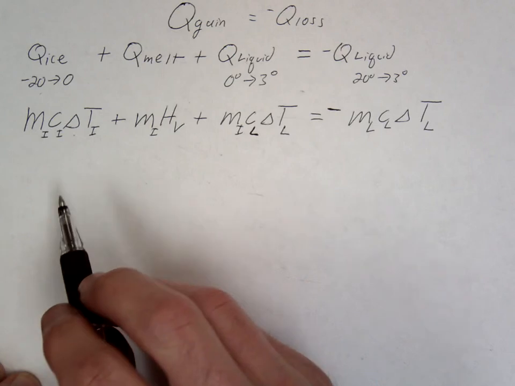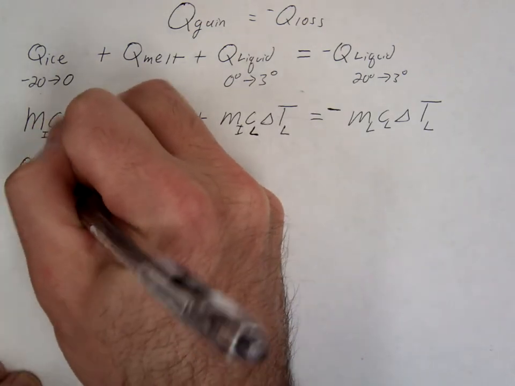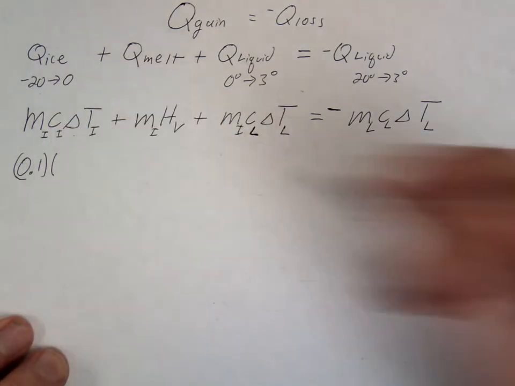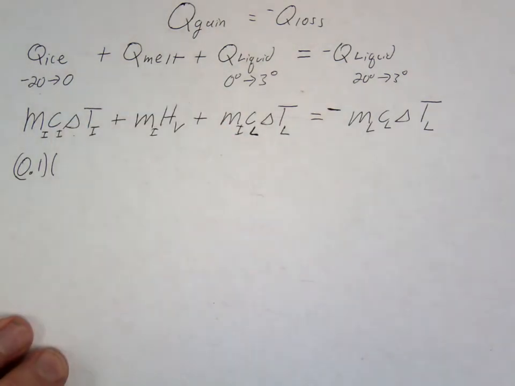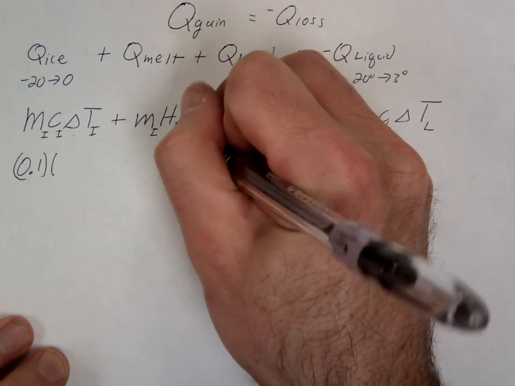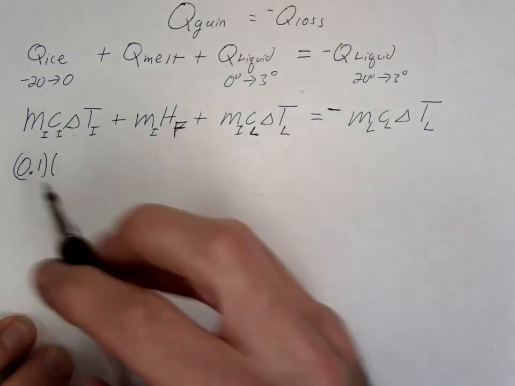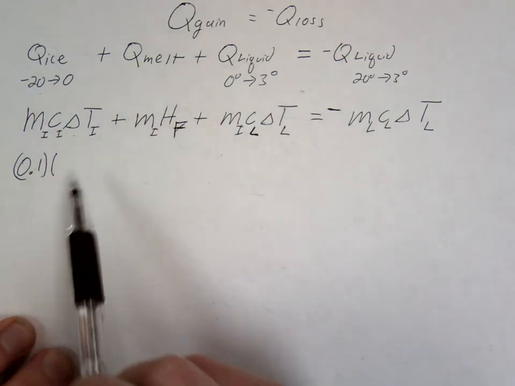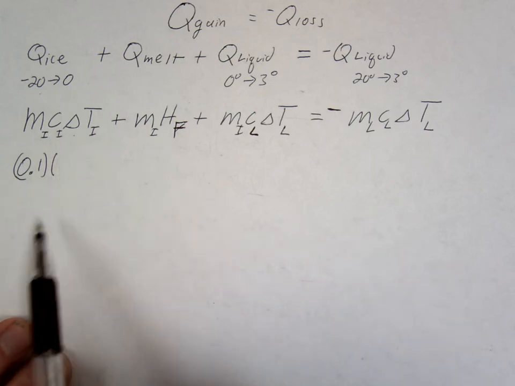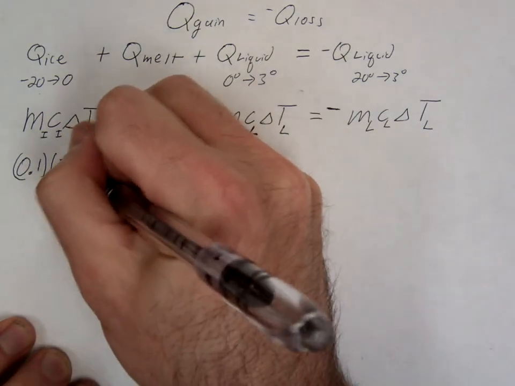Okay, let's just plug in some numbers. So our masses, our ice mass was 0.1. Because I was making sure you were paying attention. Okay, HF. So 0.1, C for ice, 2060.